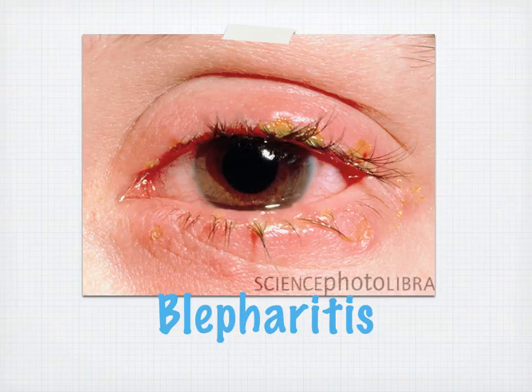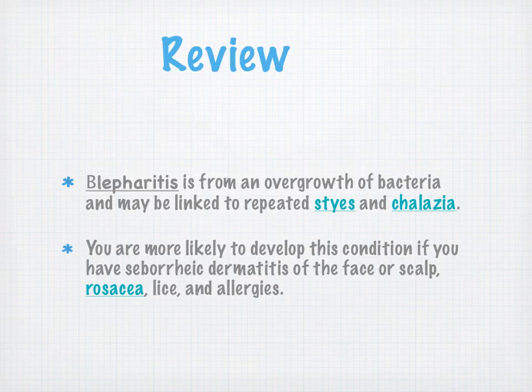That is itis of the bleph, or the eyelid, as it is in Latin, I suppose. And blepharitis is an overgrowth of bacteria, and it may be linked to having repeat performances of the styes and chalazion. And so you'll see the word stye interchanged with hordeolum, so let's just get that out of the way right now. You can pick which one you like, but they mean the same thing.